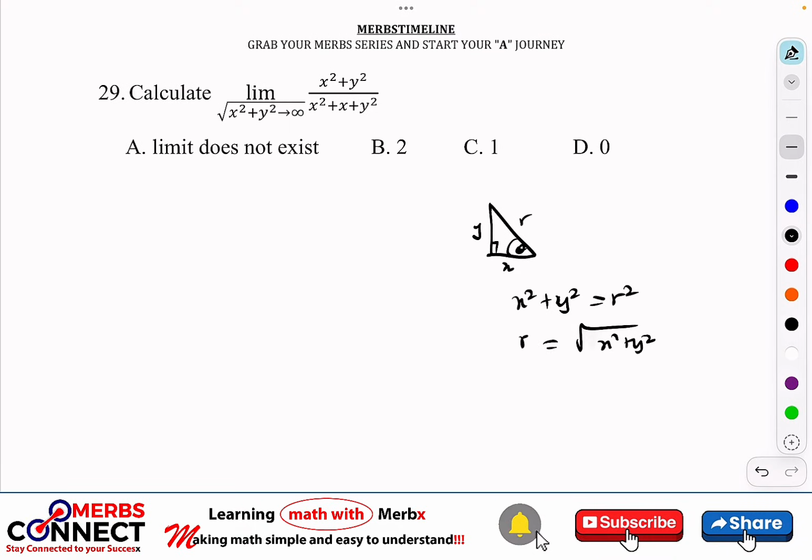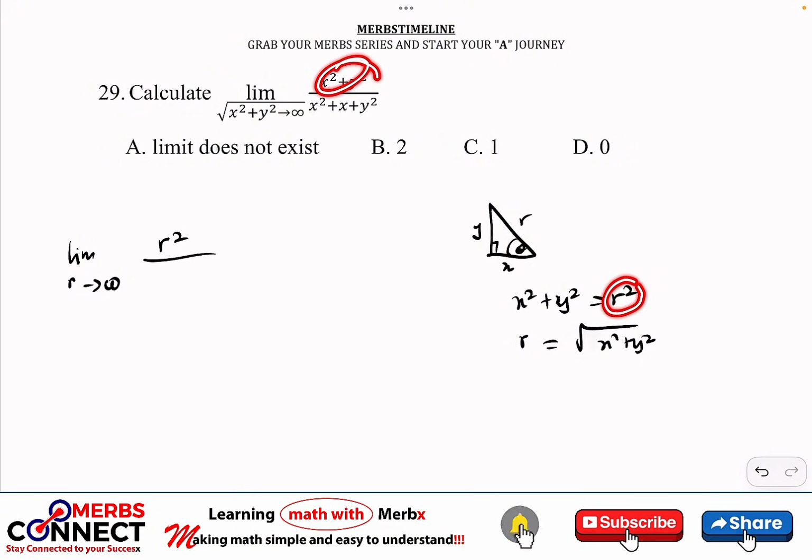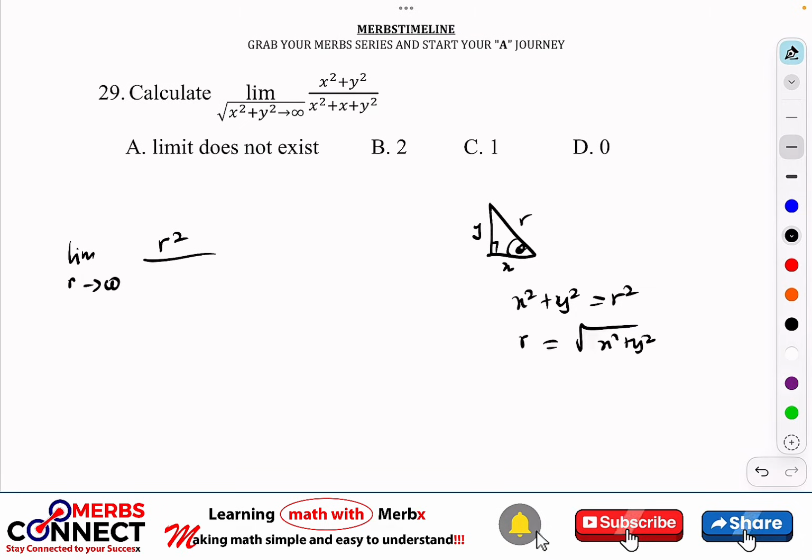So it means that here we are going to have limit r is approaching infinity. Now what is x squared plus y squared? That one is r squared, right? So from here we have this. Now look at this one here. At the denominator, I can write it as x squared plus y squared divided by another x squared plus y squared again plus x.